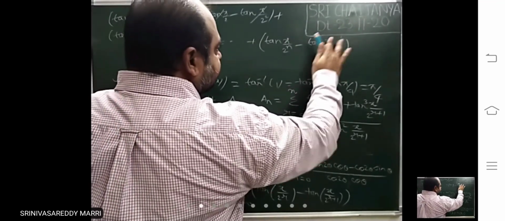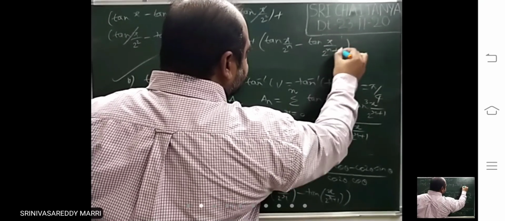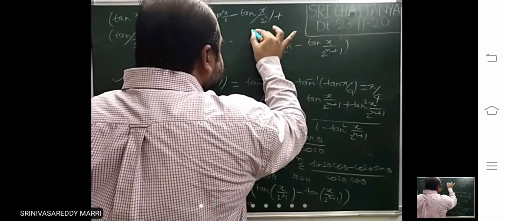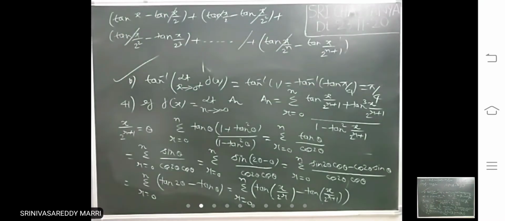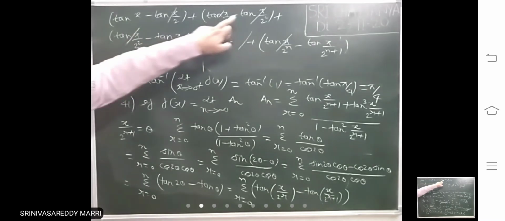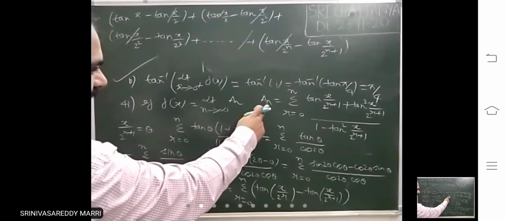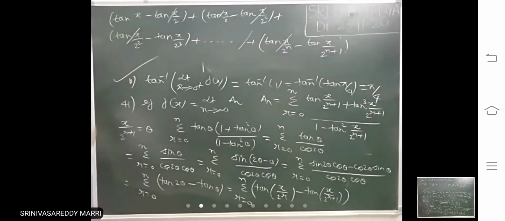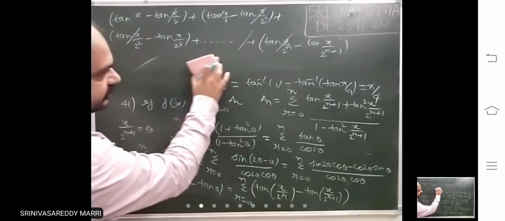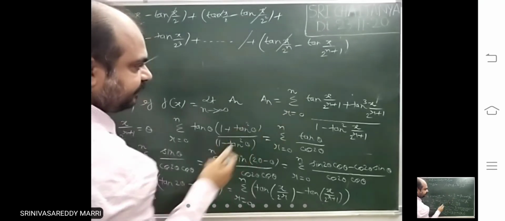This and this will get cancelled, this with this, then this with this. So what is the remaining? That is a n, what we have calculated is a n, just the sigma.